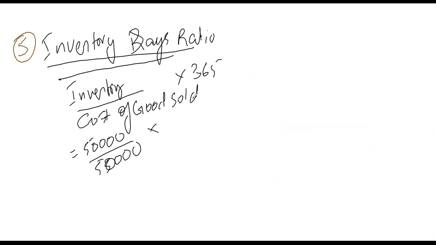We just need to understand this question from the point of view of calculating the ratios, rather than finding out whether it is practically applicable or not. Multiplied by 365, I'll be getting an answer of 365 days.